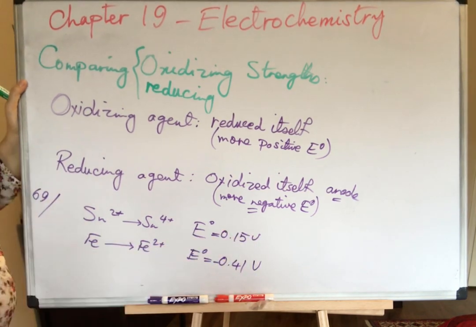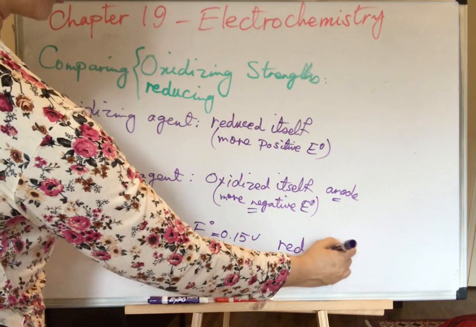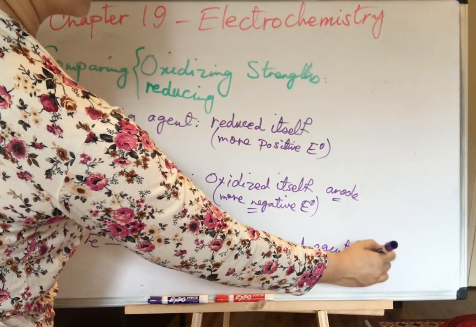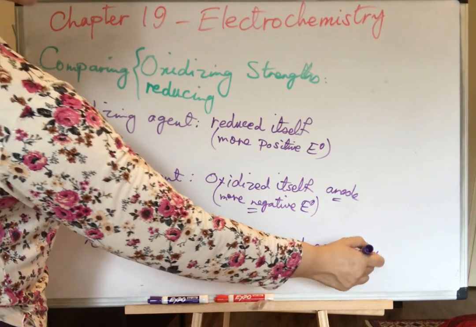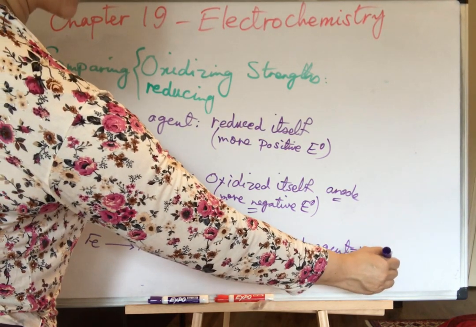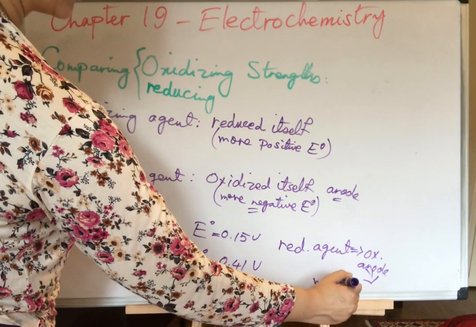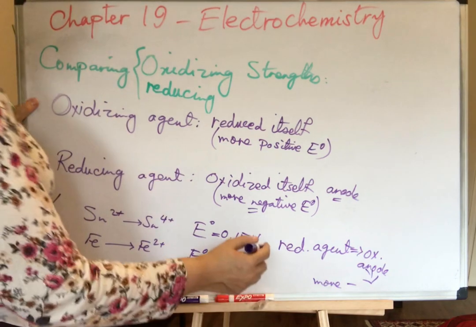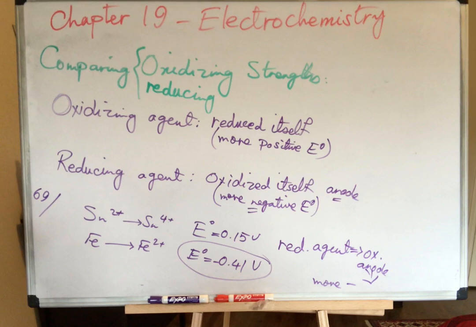The question is asking which one is a stronger reducing agent. Reducing agent means it should oxidize better, right? Oxidize itself. The one which is oxidized will be in anode, right? Oxidation happens in anode. So you're looking for a more negative potential. Which one? This one. So Fe is a stronger reducing agent because it's oxidized better.